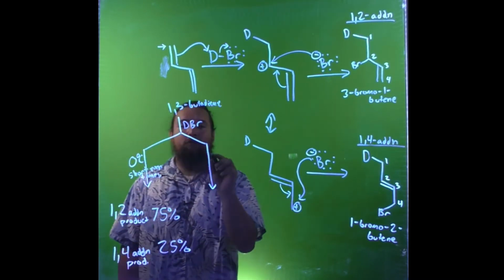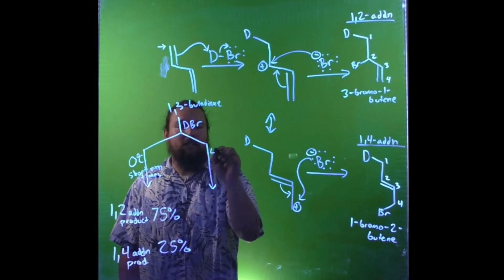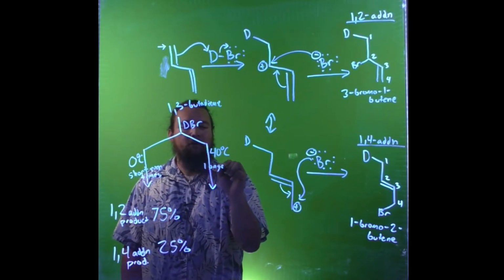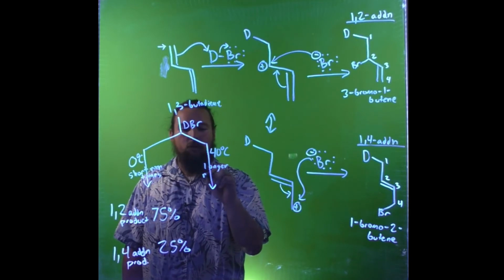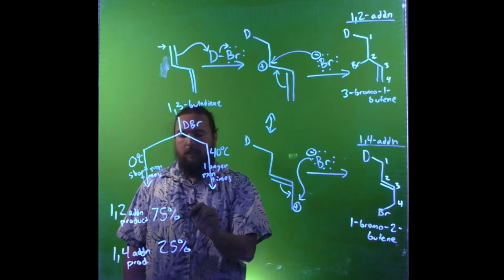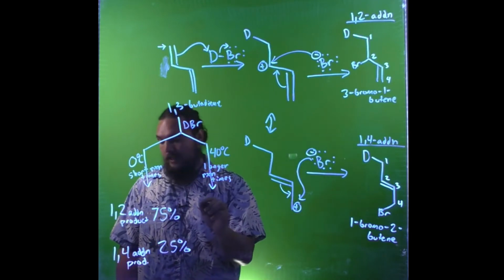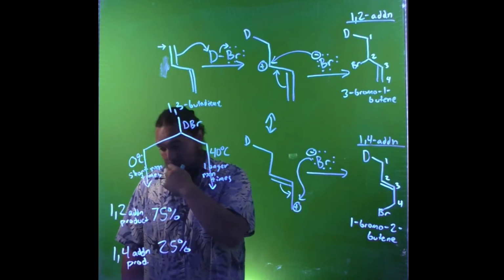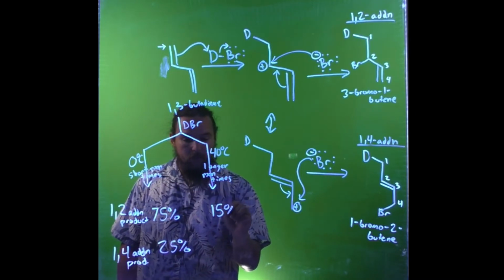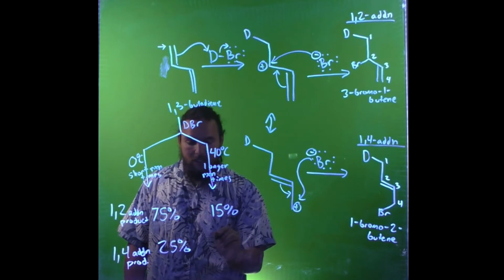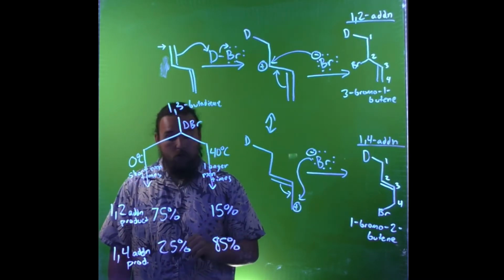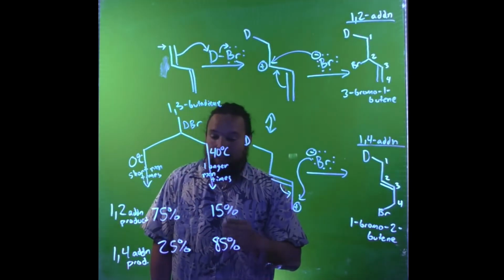Okay? If we increase the temperature to, let's say, 40 degrees Celsius and give it a longer reaction time, we'll talk about this a little later, why we do that, we will see it flips, and we end up getting about 15% of the 1,2 addition product and 85% of the 1,4 addition product.